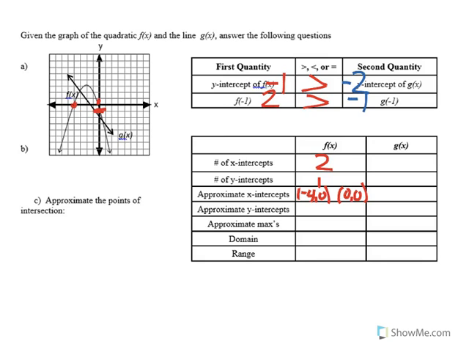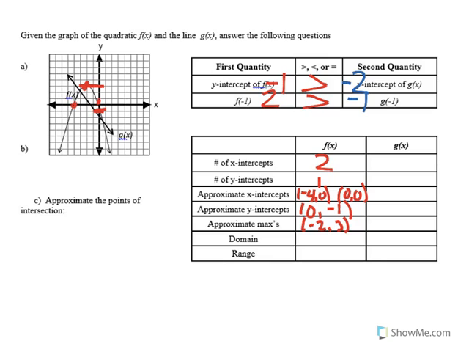The approximate y-intercept looks right about 0, -1. The approximate maximum, the highest value that parabola reaches, is a +3. So the vertex is located at -2, +3. That is our vertex.